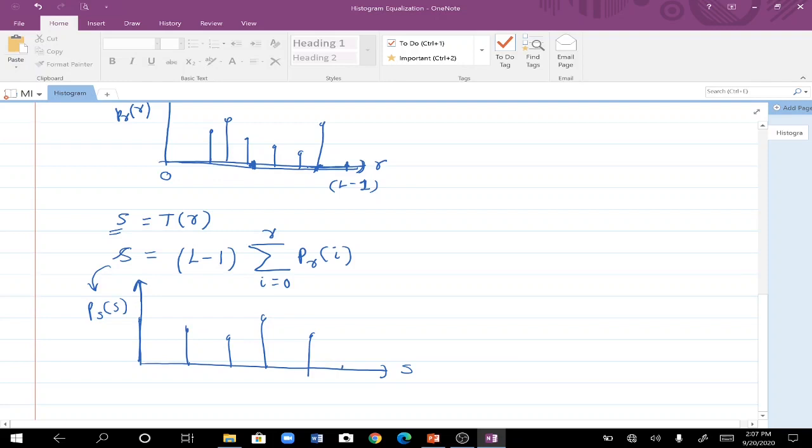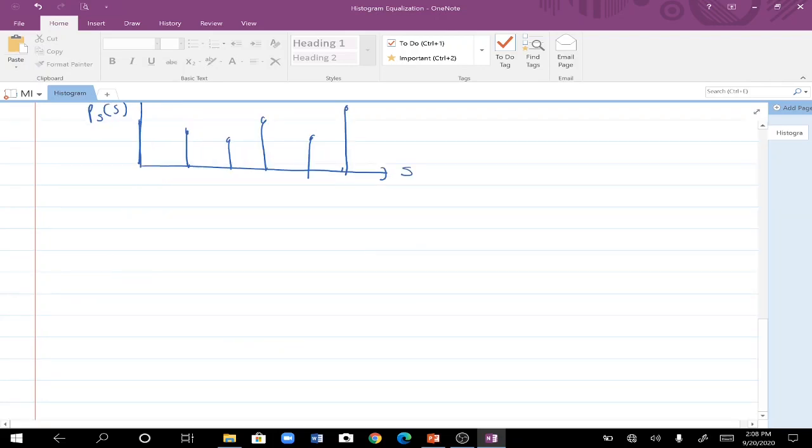That's our assumption. In practice you will not get it exactly. One of the reasons is that this function could result in a non-integer value, so you need to approximate it to the nearby integer values. Now let us try to analyze the same thing mathematically, starting from a continuous case.